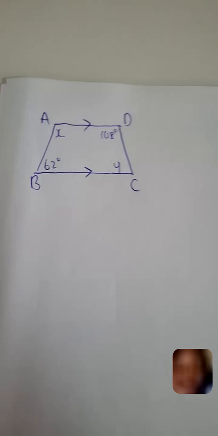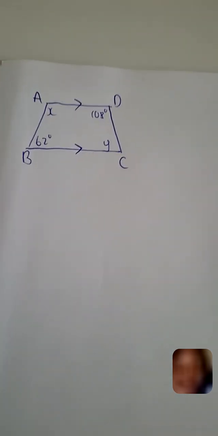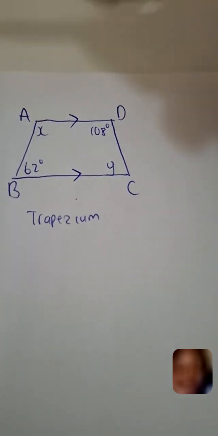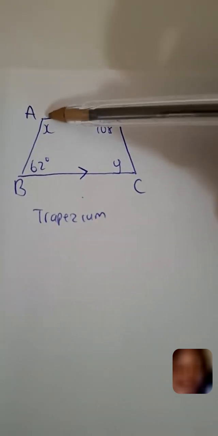What shape is this? The trapezium. Yeah, it's a trapezium. Okay, let's see if my good student, the queen of quadrilaterals, still remembers how to find missing angles with regards to this trapezium. So, what is the value of x? What's the value of y?